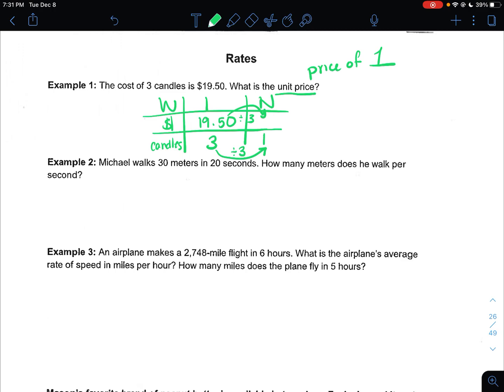Divide $19.50 by 3. And you should get $6.50. So the price of 1 candle is $6.50.